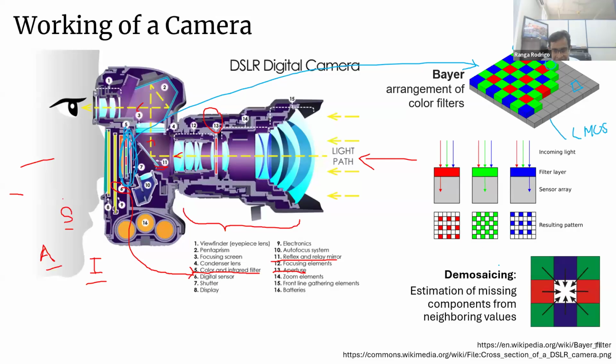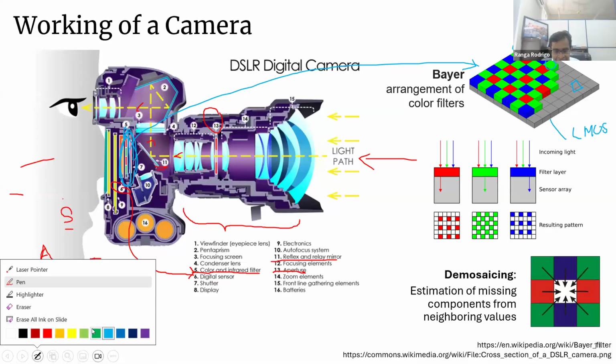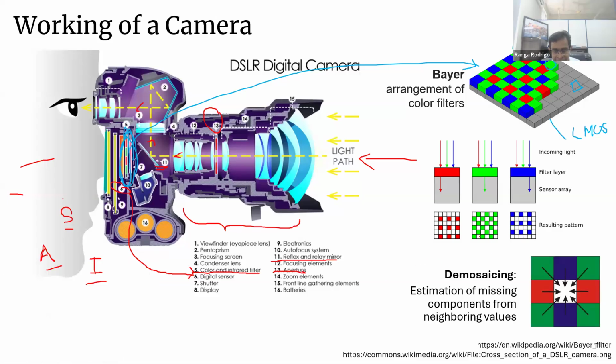So now if you take this element, for example, this one, it does not receive any red light and it does not receive any blue light. It only receives green light.